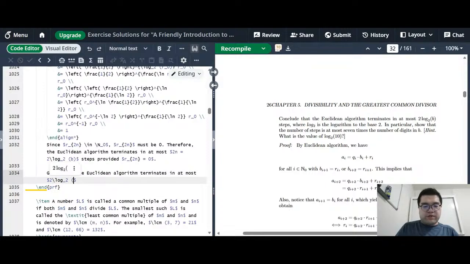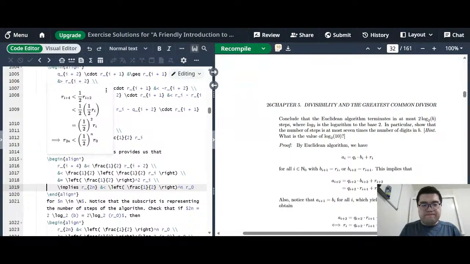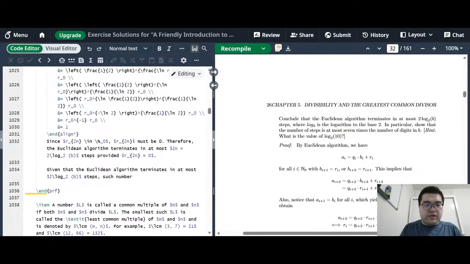So we're going to use the results, okay? Steps such number, then we're going to do our calculation here.